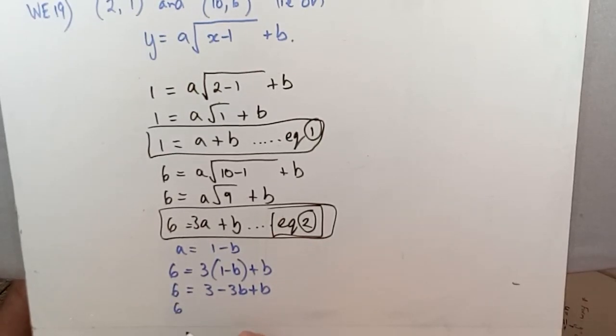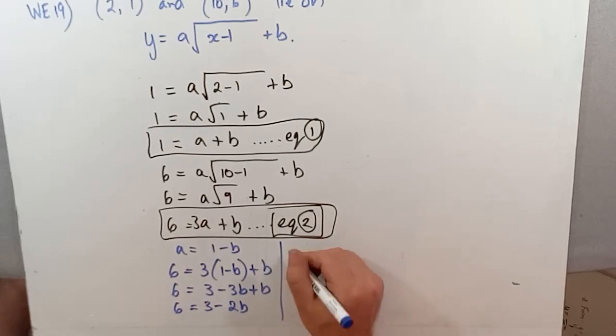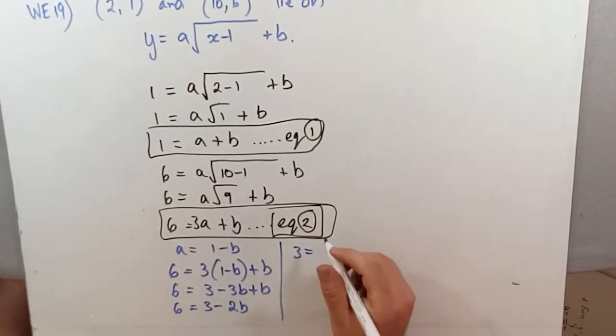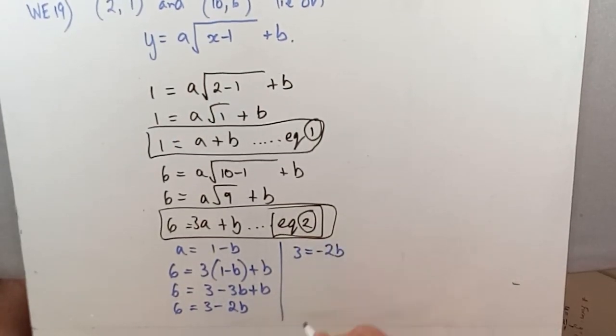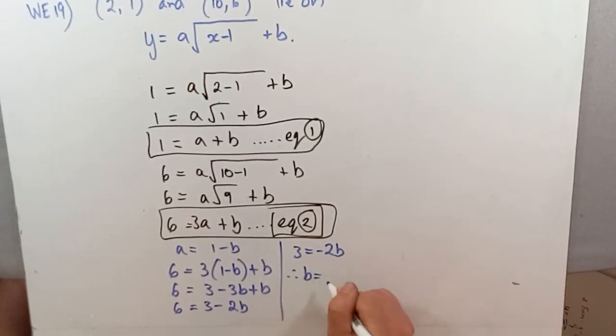So 6 equals 3 minus 2b. Is that right? Then I move this 3 across to the other side, and I get 3 is equal to negative 2b, and therefore b is equal to negative 3 on 2.